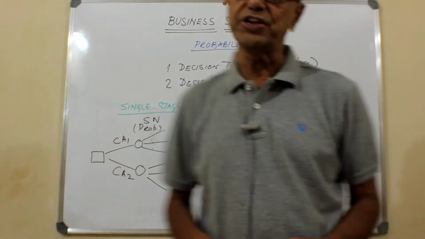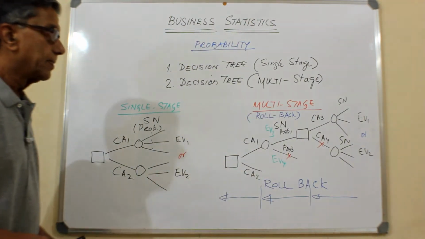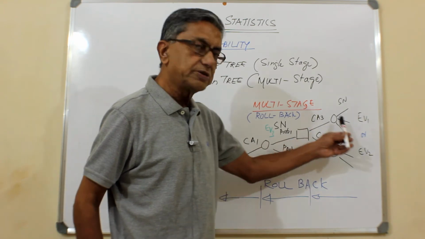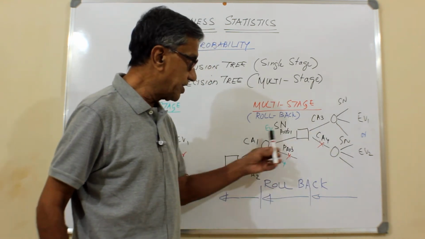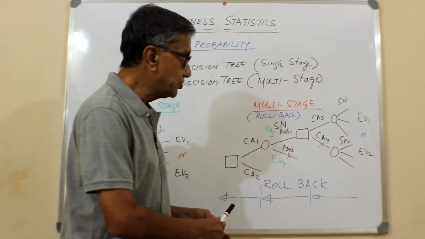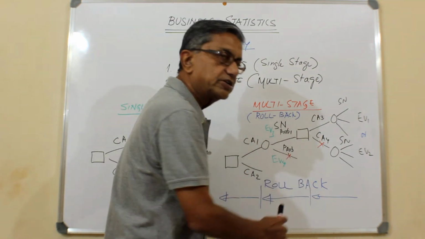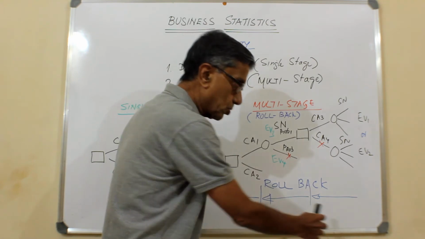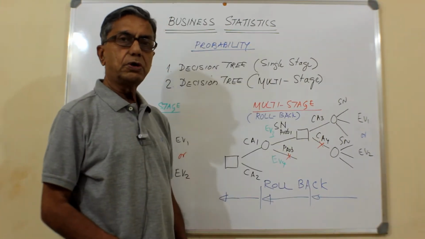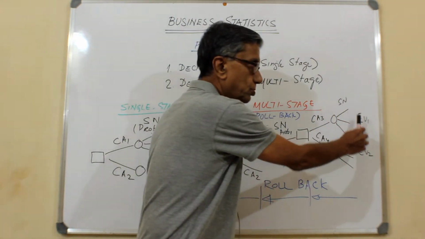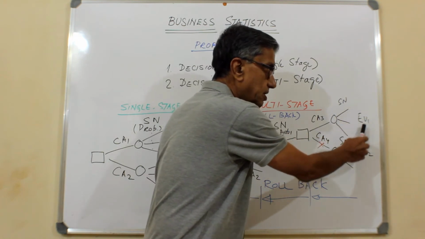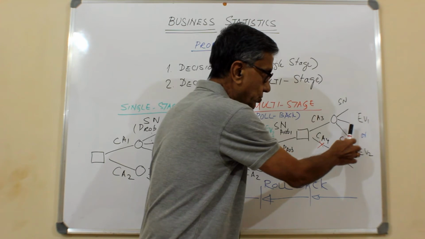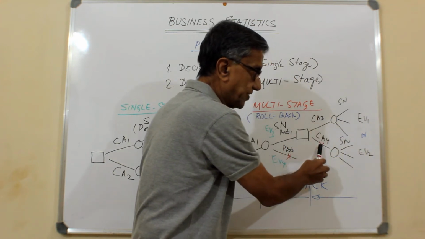In multiple stage, the situation similar to single stage replicates few times. So what you do is that in multiple stage you do an operation called rollback option or rollback operation. So in this scenario you work out the expected return or expected value at the rightmost end, and then you work out for different course of action.